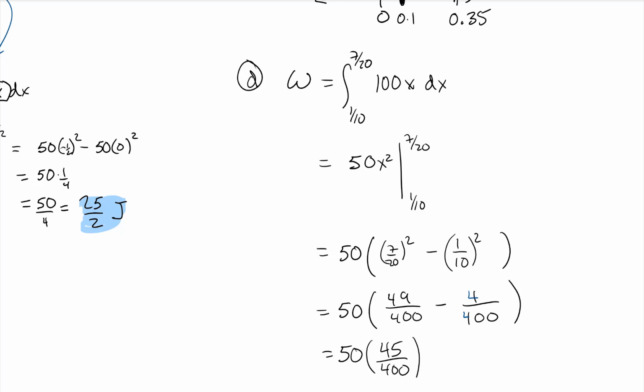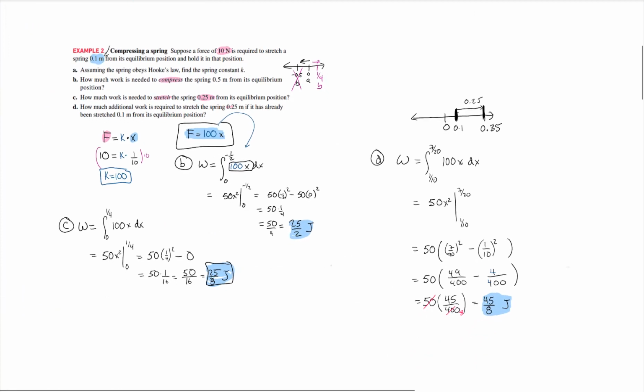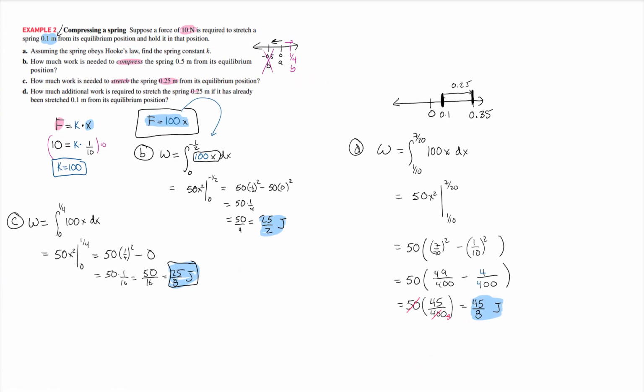That's nice, because we're using fractions. Well, 50 goes into 400 how many times? 8. So we ended up with 45/8 joules. But again, if you're pro with decimals by hand without a calculator, then you just write them as decimals. But I highly advise using fractions.